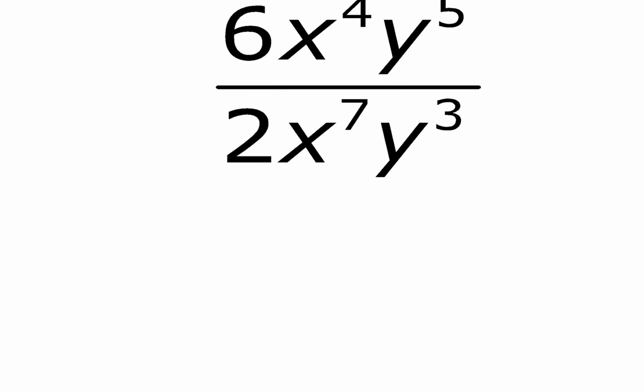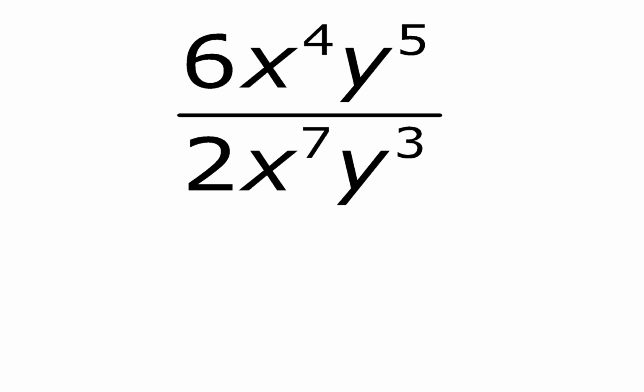Moving on to the second example, we have division. Keep in mind that if you ever have division between two variables, you have to subtract the exponents if the bases are the same. In this scenario, let's begin with the coefficients. We have 6 and 2. 6 divided by 2 will end up giving us 3.